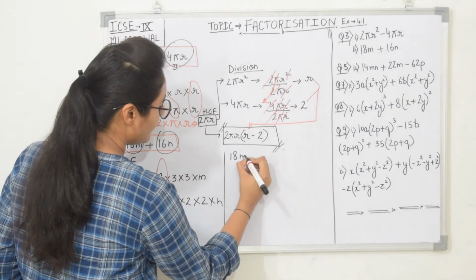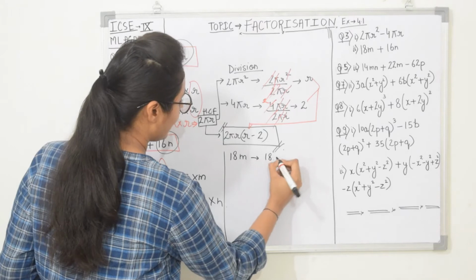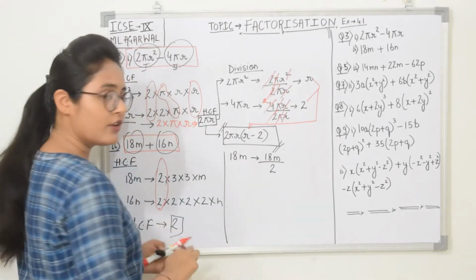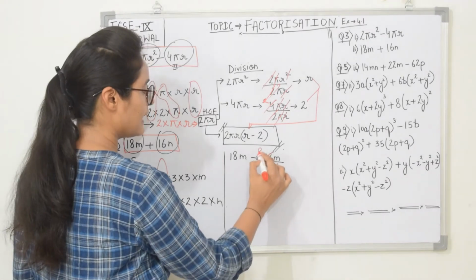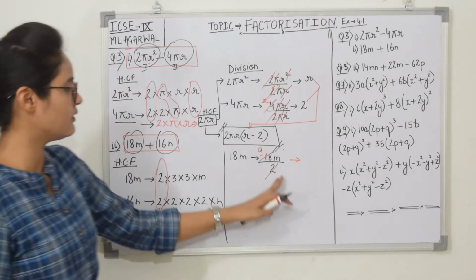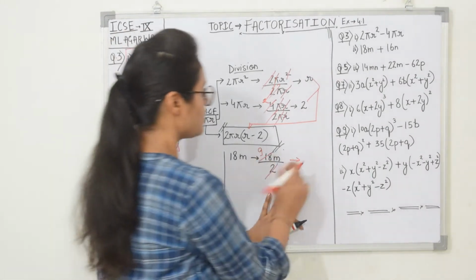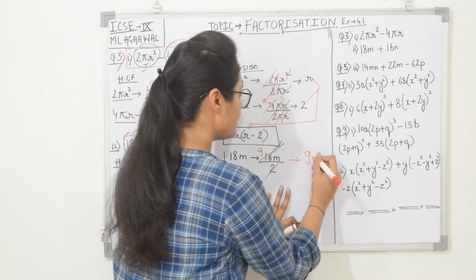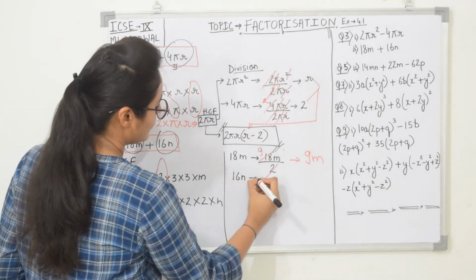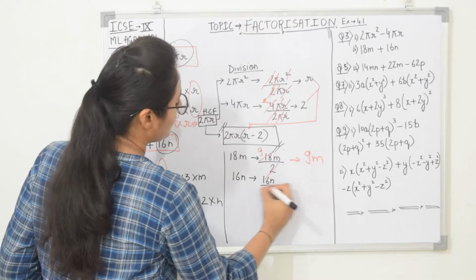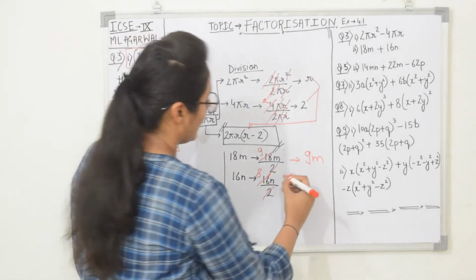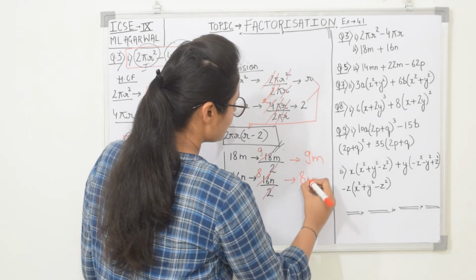We are having 18m, dividing 18m by our HCF, that was 2, is going to give us simply what? 2 9s are 18. We are not having any variable in our denominator, that means no cancellation at all. So 9m is the remainder which you will be having here. Now see, 16n, dividing 16n by 2, you will be getting what? 2 8s are 16 and your remainder will be 8n.